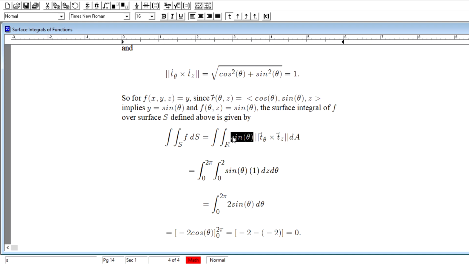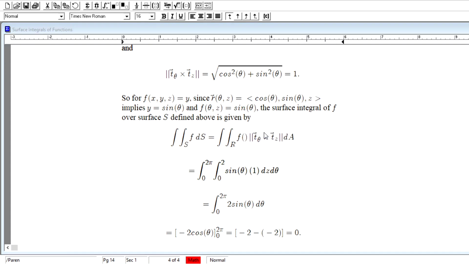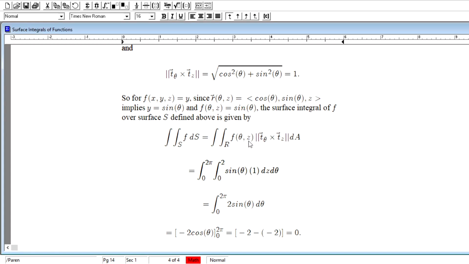Let's rewrite this as f of theta comma z, which is going to be the sine of theta times the magnitude of this cross product, which we calculated to be 1. So that's just going to be times 1.